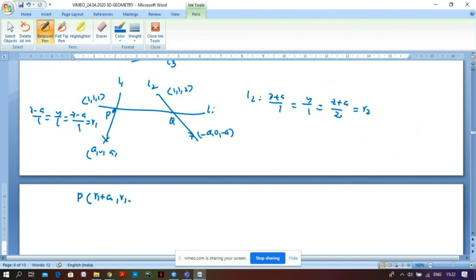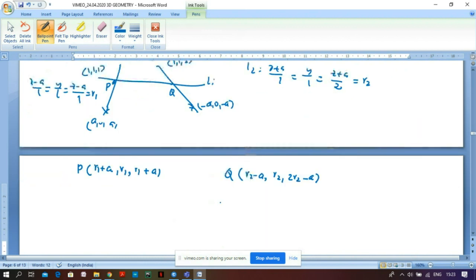Any point on line L2 is given as Q, (R2 minus a, R2, 2R2 minus a). So you have P and Q.